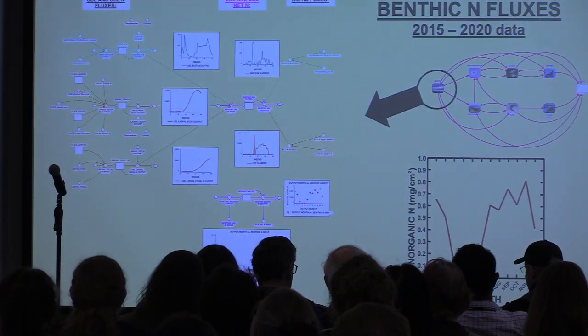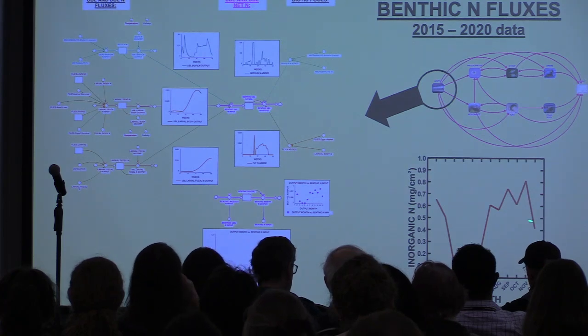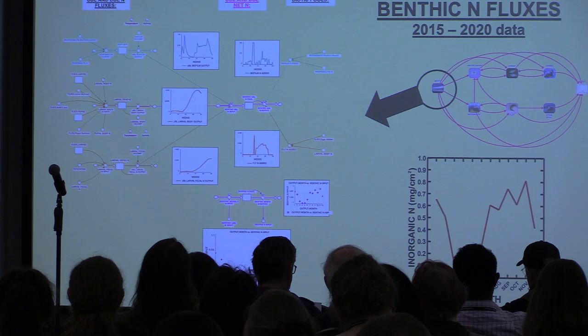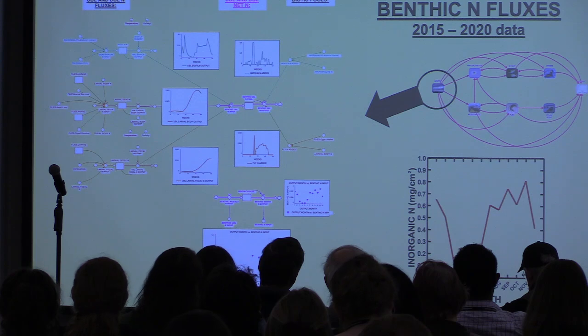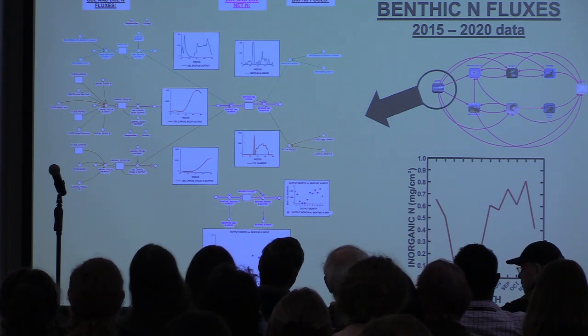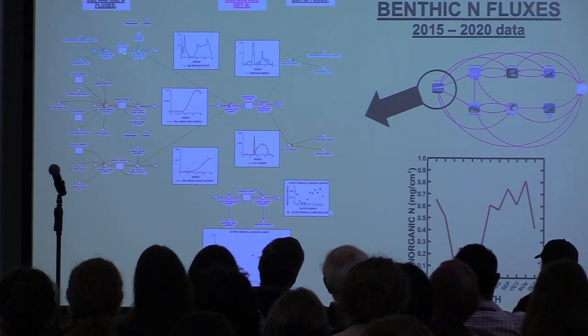Then we can make a pelagic side of the model and look at how much is released each month. And this is in terms of milligrams of nitrogen per centimeter squared, not in terms of liters. This is on a surface. In both of the pelagic and the benthic portions of the model, we have a depth of the phytoplankton and biofilm of the microbialite.